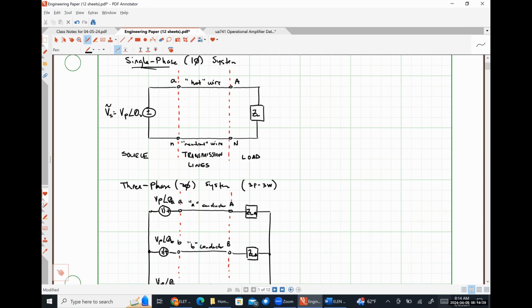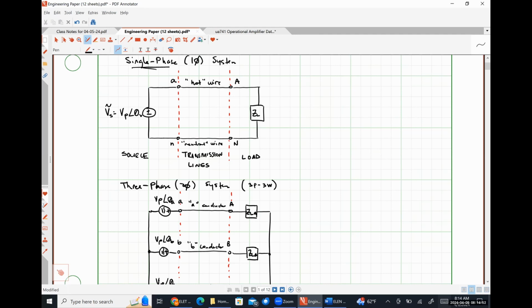So let's say that the magnitude of our source voltage there, VP, is exactly the same as the magnitude of our three-phase source voltages. And the impedance ZL is the same as the impedance of our three-phase impedances, ZLA, ZLB, and ZLC.